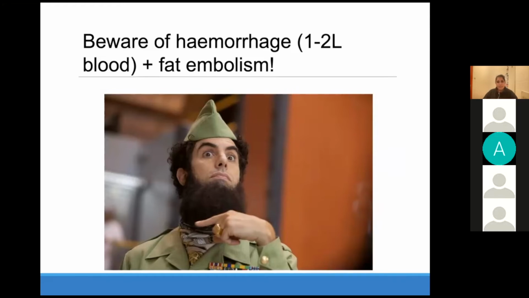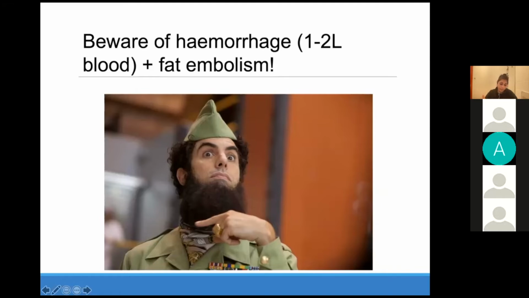And fat embolism. Can anyone tell me why or how a fat embolism occurs in a fracture, particularly a long bone fracture? Is it something to do with the bone marrow? Yeah, exactly.